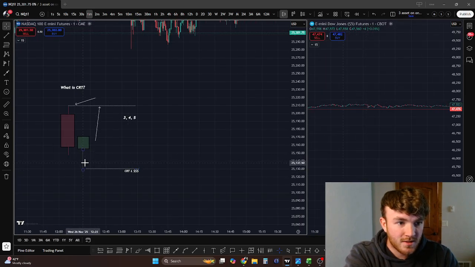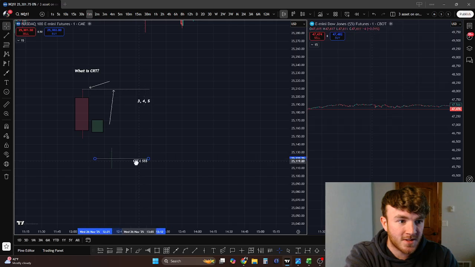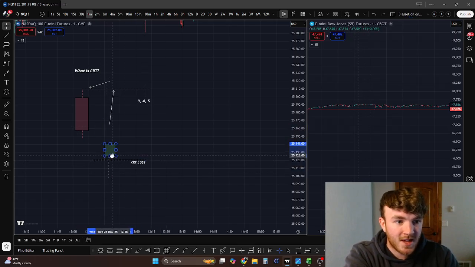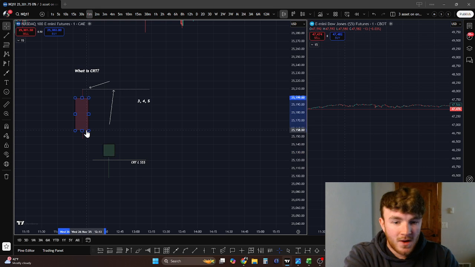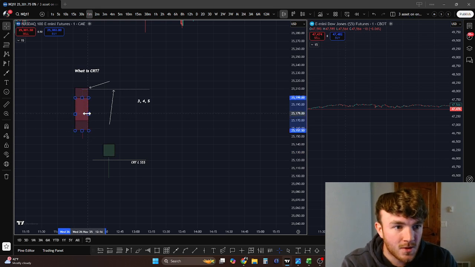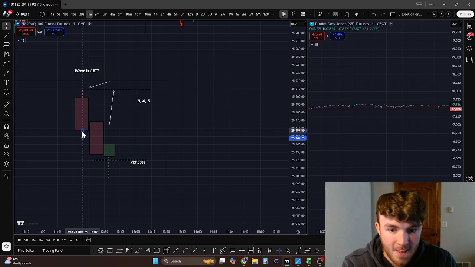But as well, like I was just saying, it can also be a series of candles. So let's just say, for instance, it's not just one candle, but it's 3 candles. So it could be 1, 2, like this.